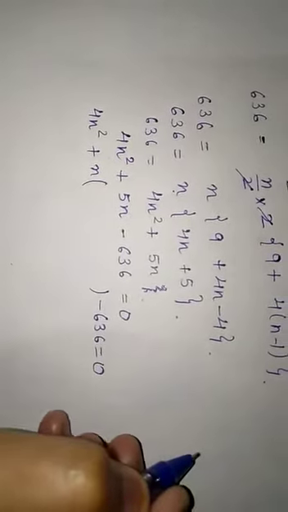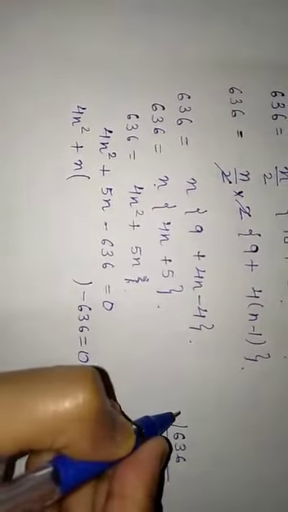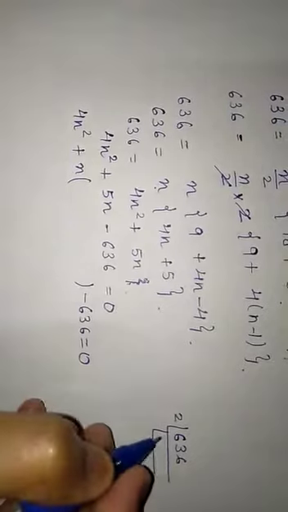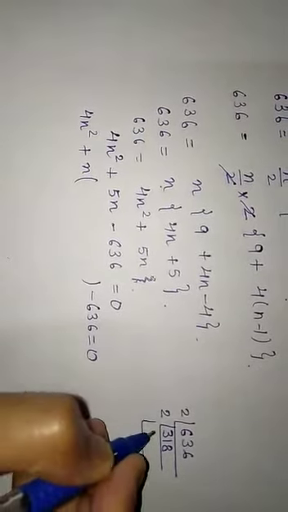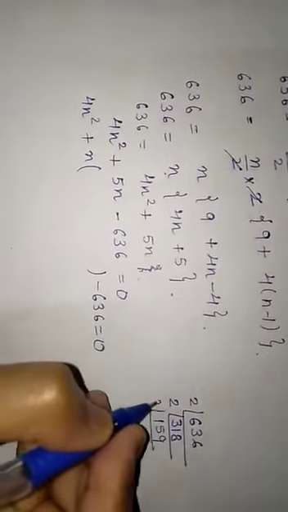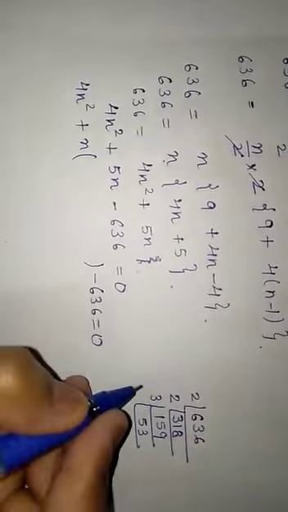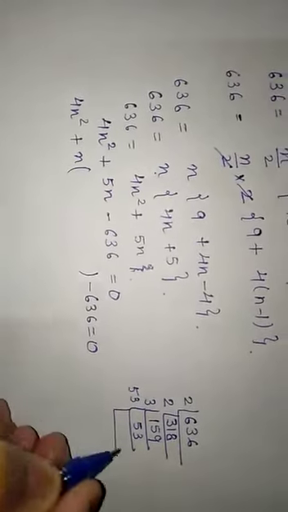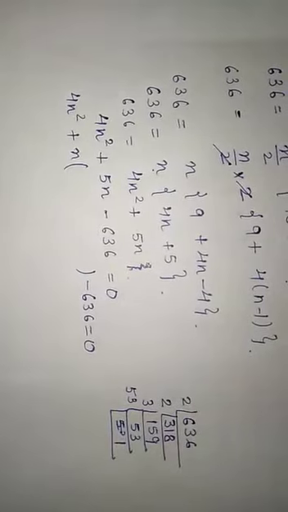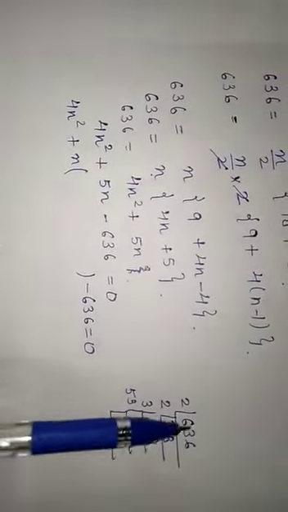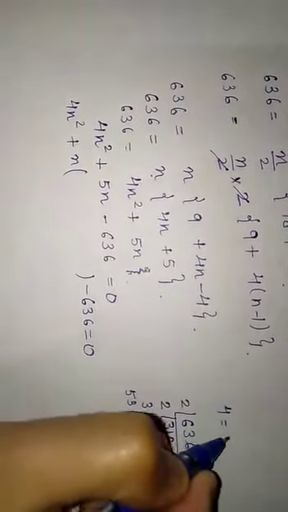Now I am taking the factors of 636. 2 times is 318, again 2 is 159, by 3 is 53, and 53 is a prime number, so 53 is divisible only by 53 and 1. So this is the factorization of 636. Now the factor of 4 is 2 into 2.